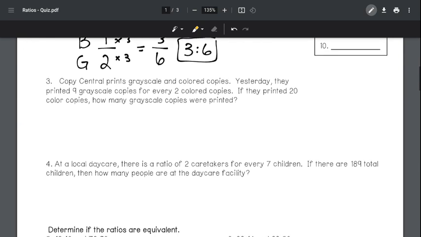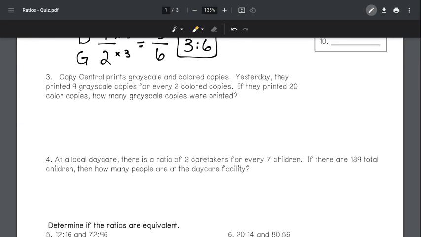Number 3. Copy Central prints grayscale and colored copies. Yesterday, they printed 9 gray copies for every 2 colored copies. If they printed 20 color copies, then how many grayscale copies were printed? So I'm going to set up my proportions.